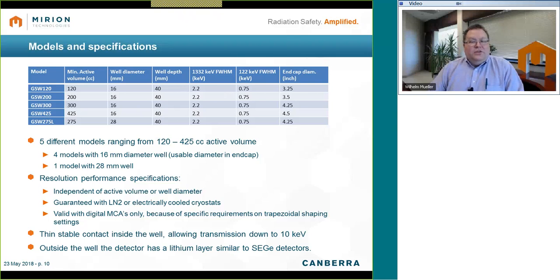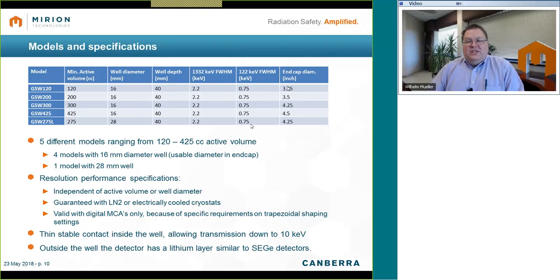The resolution specification for these detectors is comparable to coaxial detectors, a little bit less, but within that same range. But the low energy full width half max resolution specifications are equivalent to our BEGe detectors. So they're very good resolution detectors.